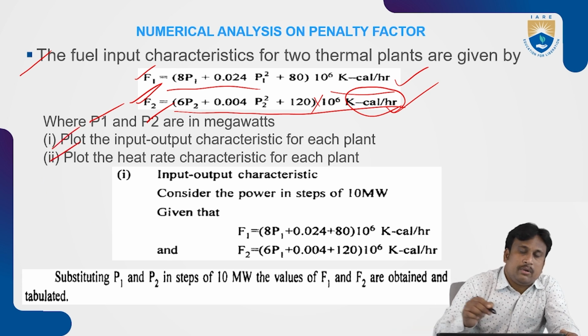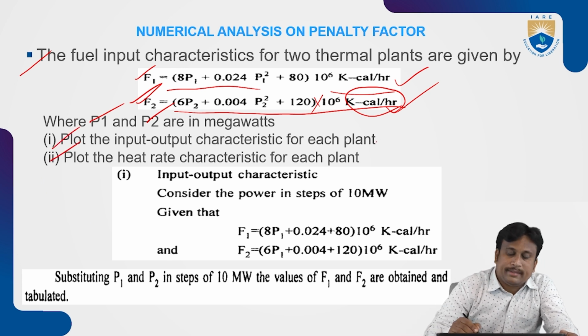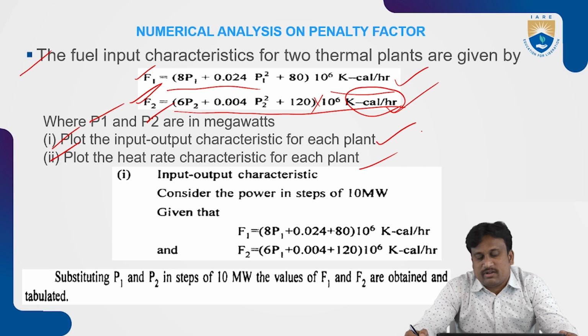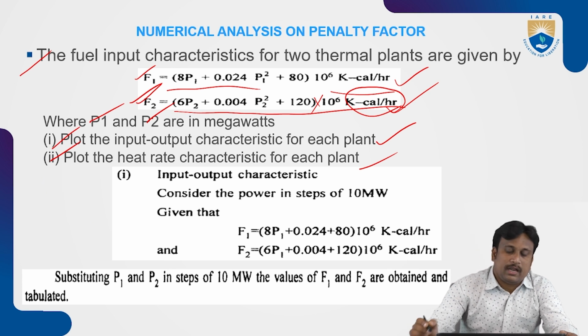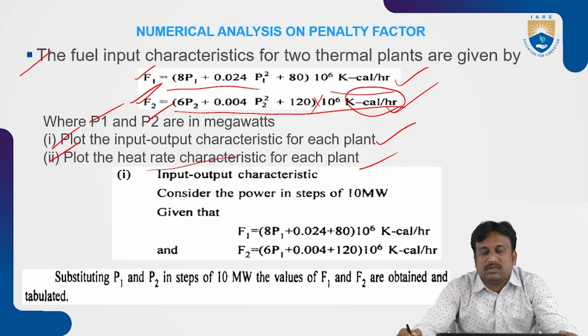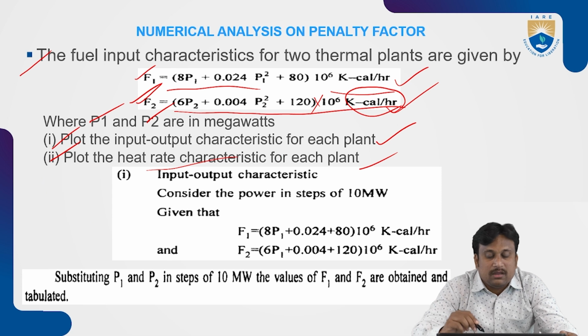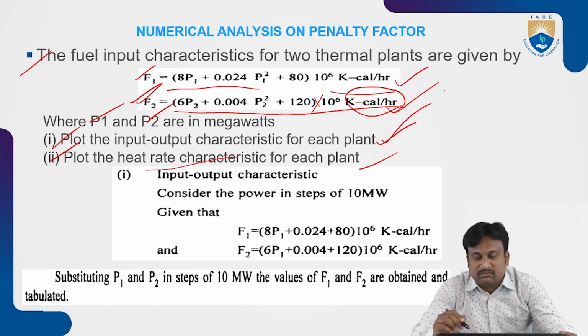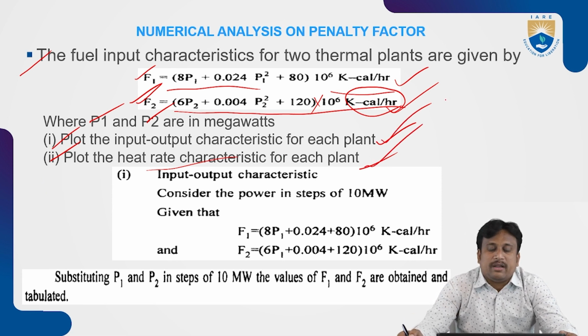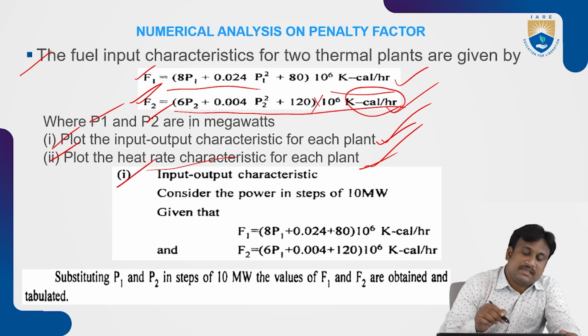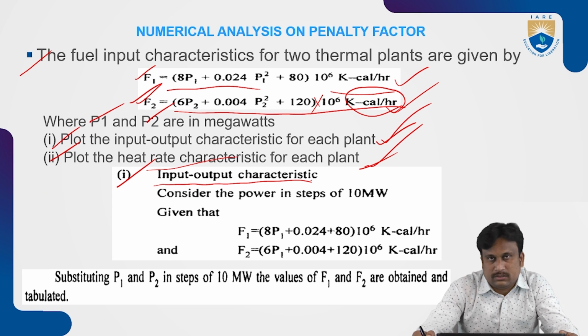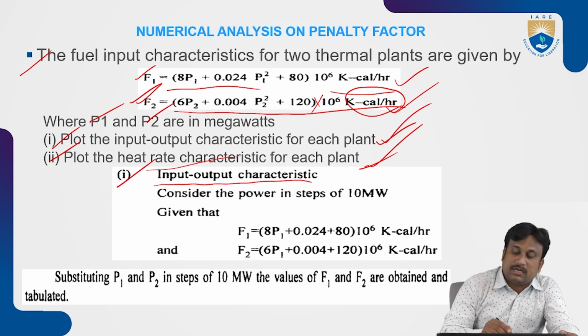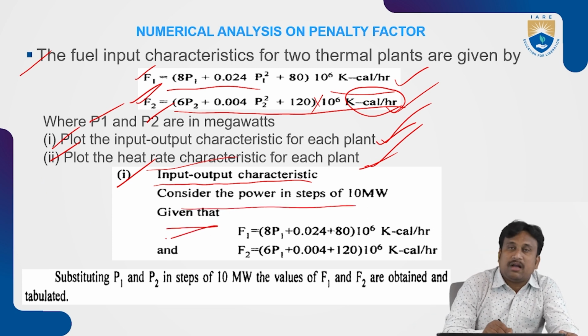Now what we need to do here is plot the input output characteristics for each plant and plot the heat rate characteristics for each plant. In the first case, for input output characteristics, consider the power in steps of 10 megawatts.